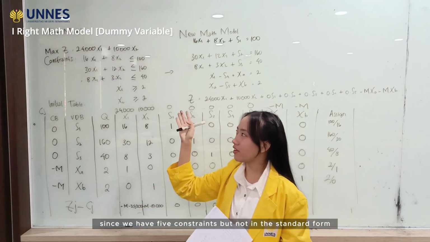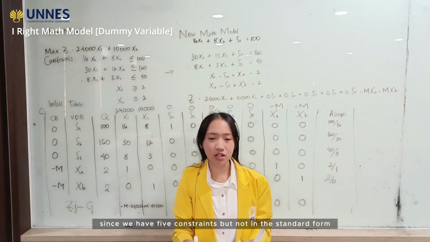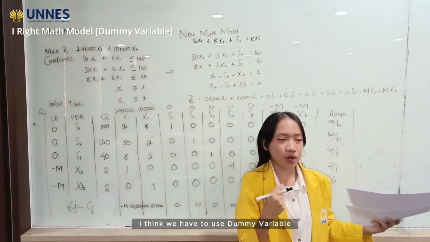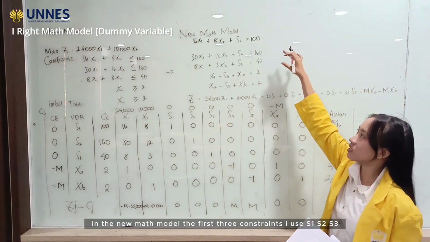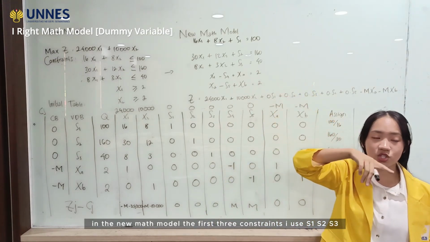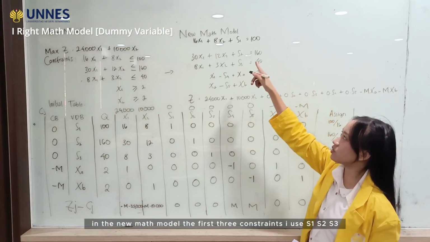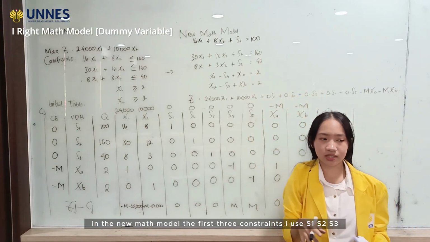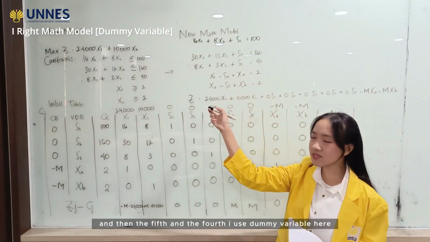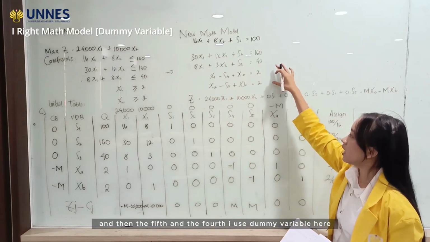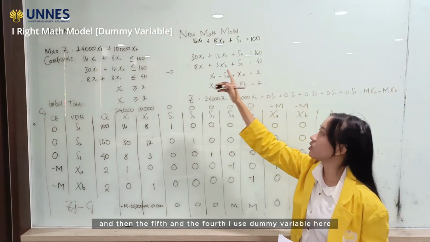Now, since we have 5 constraints but not in the standard form, I think we have to use dummy variables. In the new math model, for the first 3 constraints I use S1, S2, S3 like a common constraint, and then for the fourth and the fifth I use dummy variables.